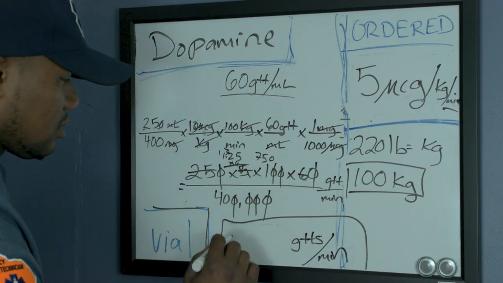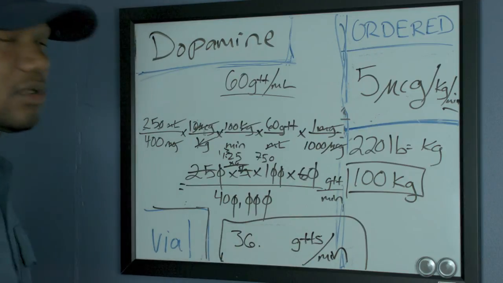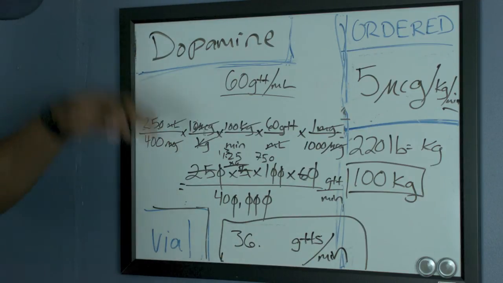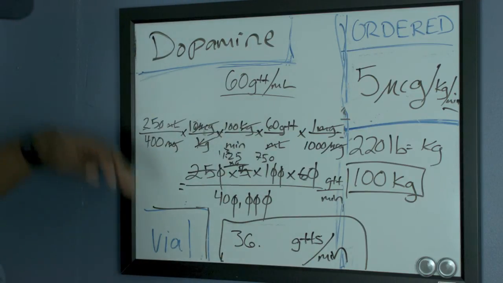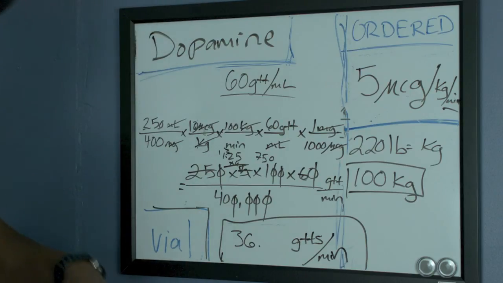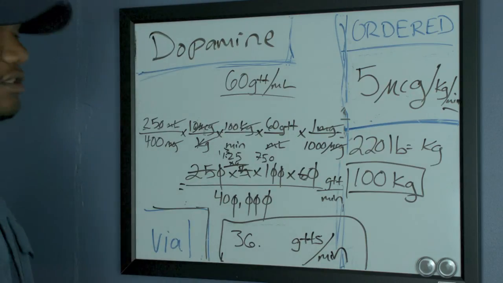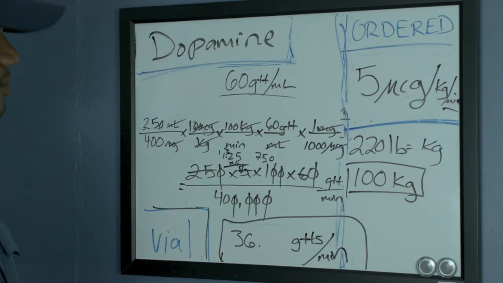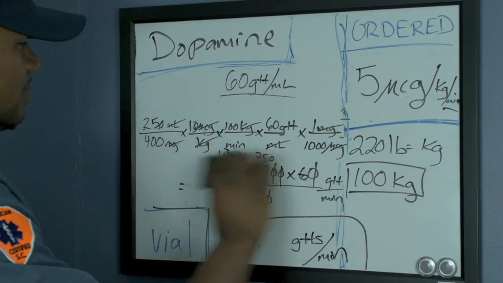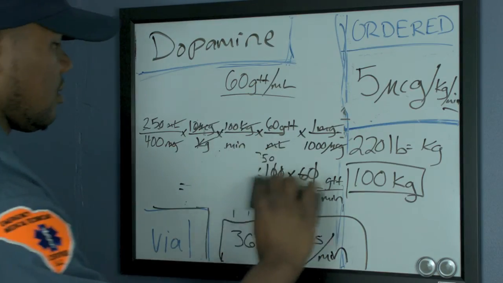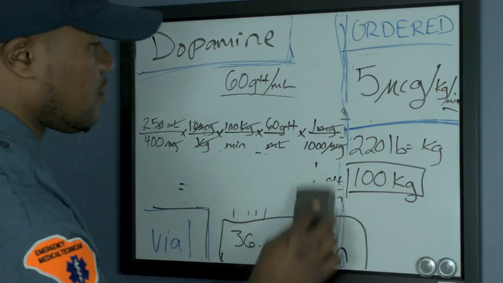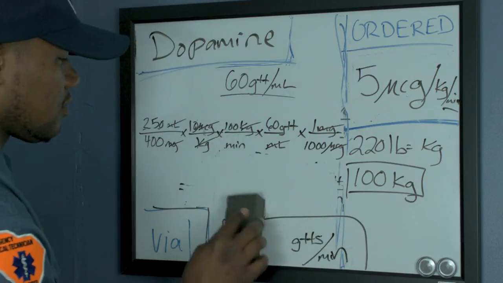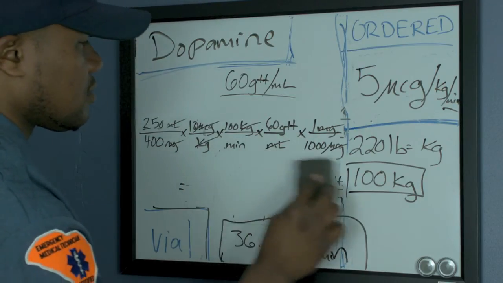That number should double as well, because we're doing twice as much drug, twice as much fluid. The numbers all have a relationship to one another. So I encourage you to do the math, play around with it, and see what you come up with. As a matter of fact, I got a couple minutes, so we'll just work it out and see what happens.